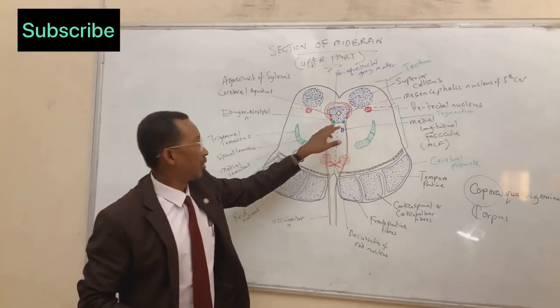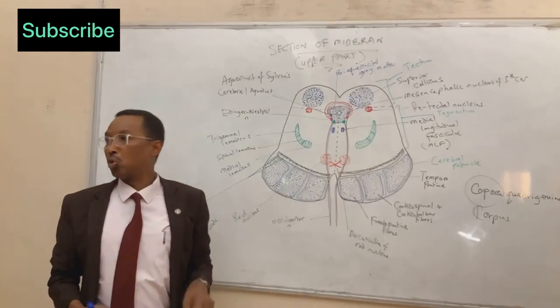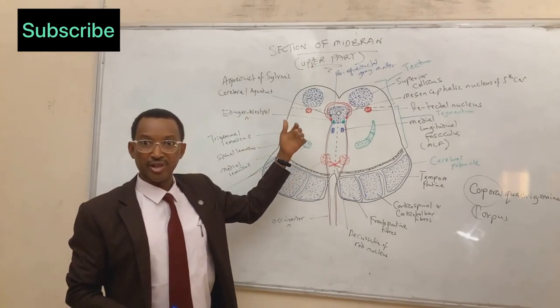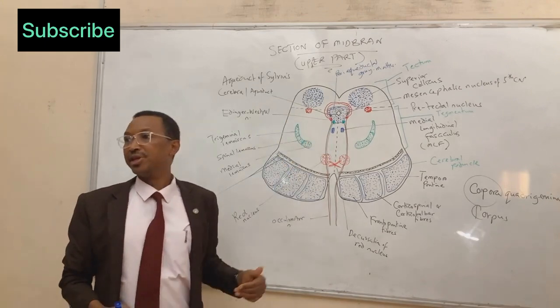These nuclei, one on either side, are the motor nuclei of the oculomotor nerve. If you can remember, I mentioned while doing the introduction to the brainstem that the oculomotor nerve exits from the midbrain.